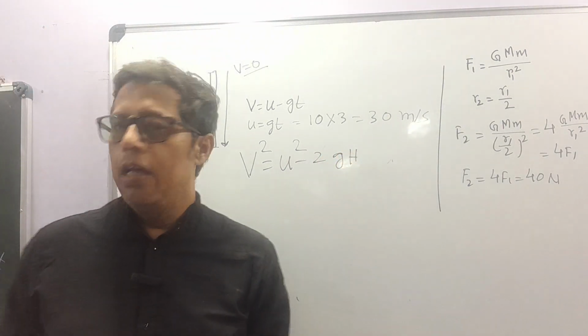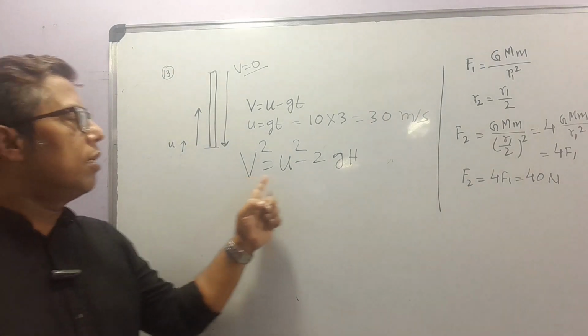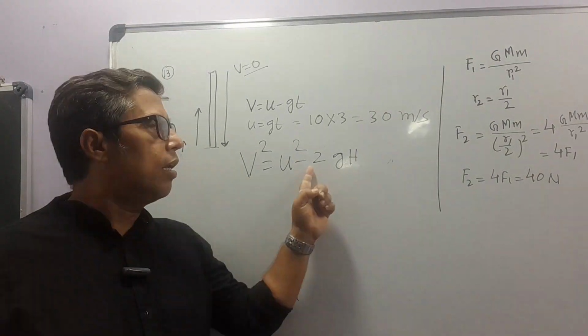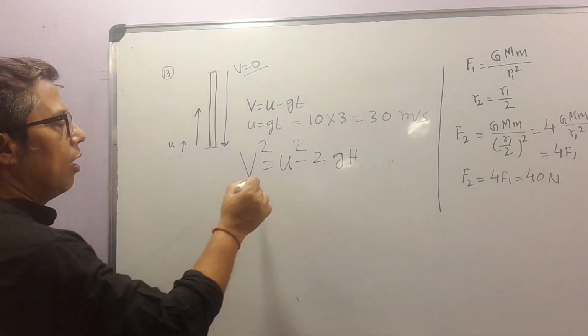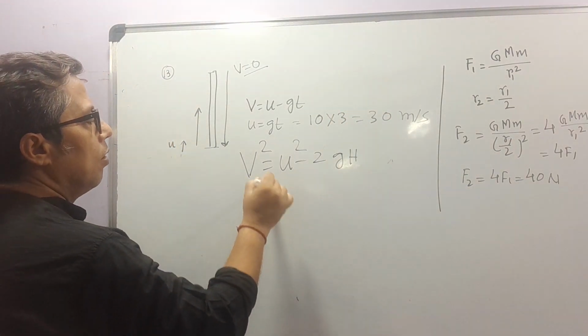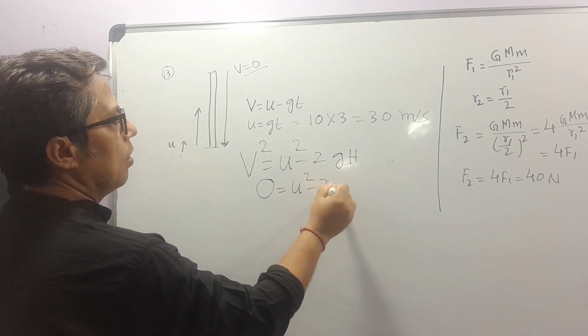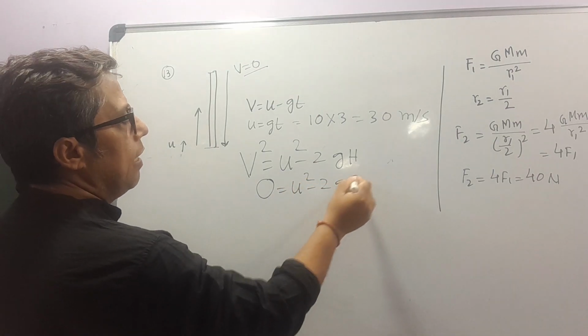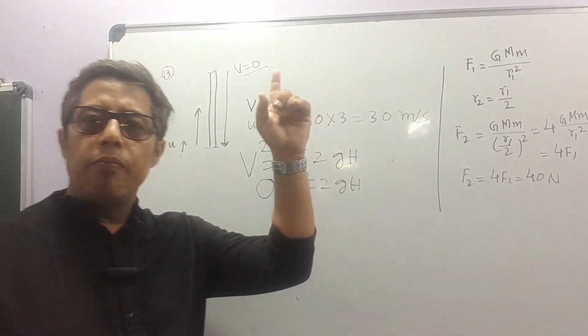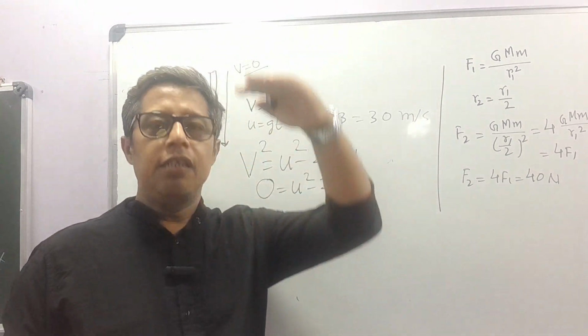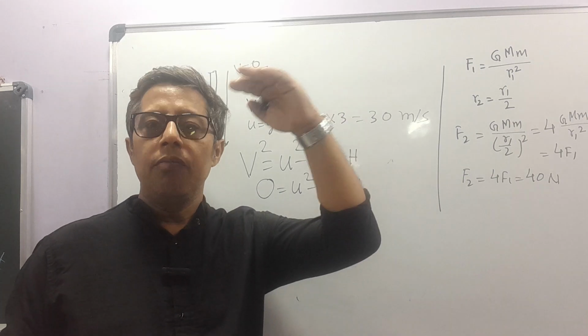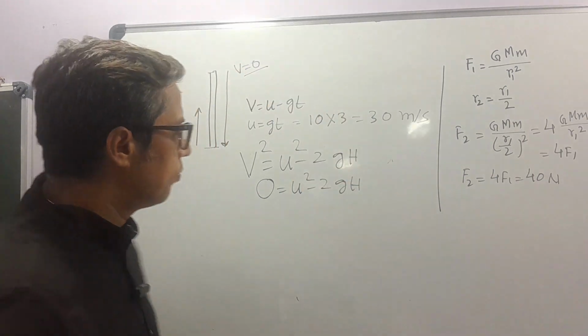Okay, so this is a very important part for you. v square is equal to u square minus 2gh. Why minus? Because upward motion is retarding motion. From here, v is equal to 0, so 0 equals u square minus 2gh. h is the height, the maximum height it will reach. Maximum height means the velocity at that point will be 0.